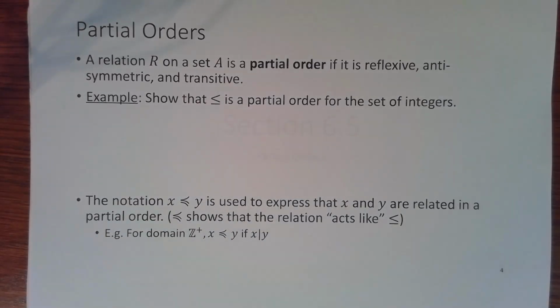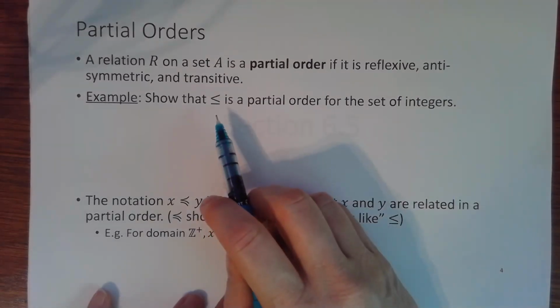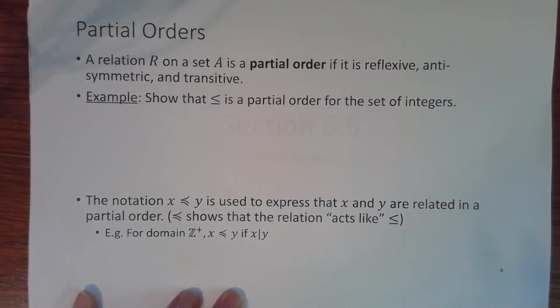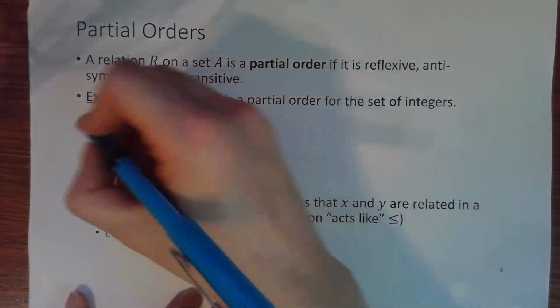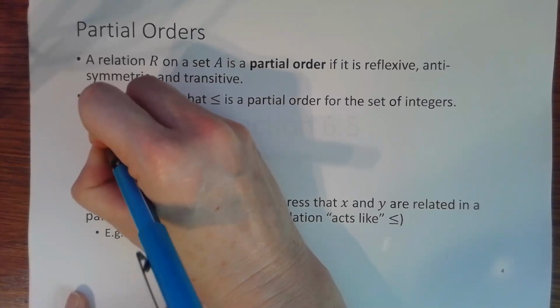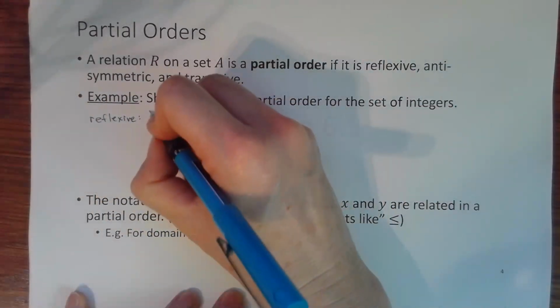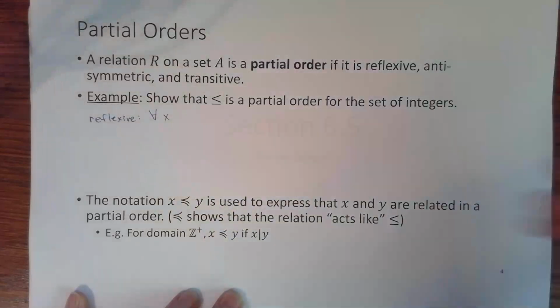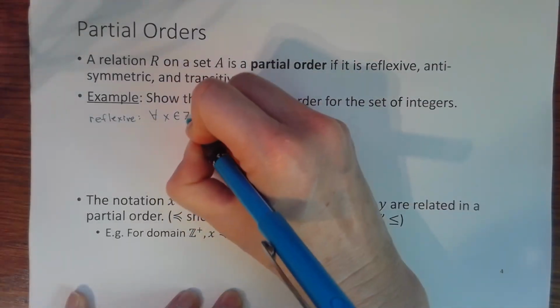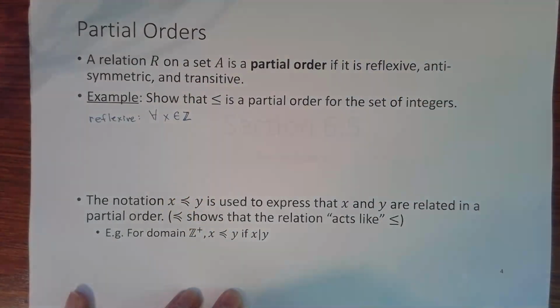Okay, the canonical sort of partial order is less than or equal to. So if you think about less than or equal to on the set of integers, let's show really quickly that it's reflexive. So remember, a relation is reflexive if it's true that for all x in the set we're talking about, that is the set of integers, that x is related to itself.